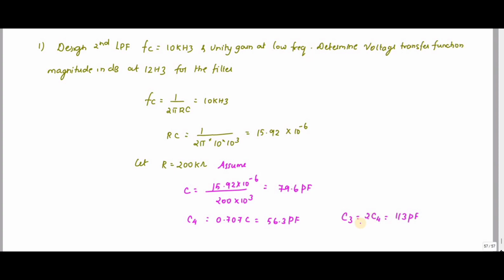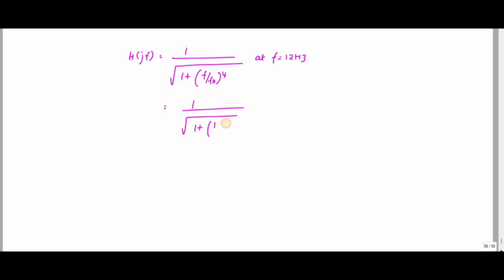Next they have asked you to find the value of H of jf, that is the magnitude value, which is 1 divided by root of 1 plus (f by Fh) power 4, at f equal to 12 kilohertz. So you substitute: 1 divided by root of 1 plus 12 divided by, what is the Fh value?